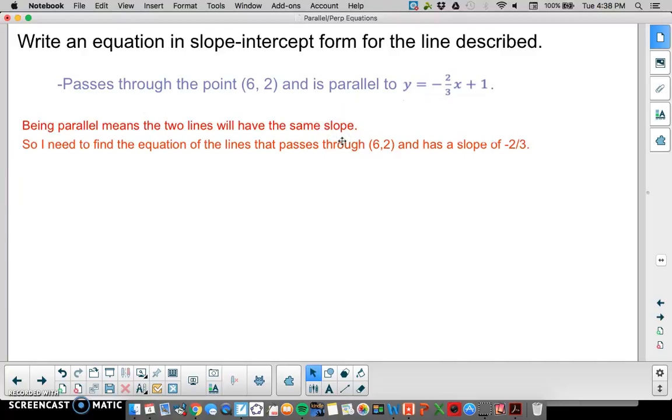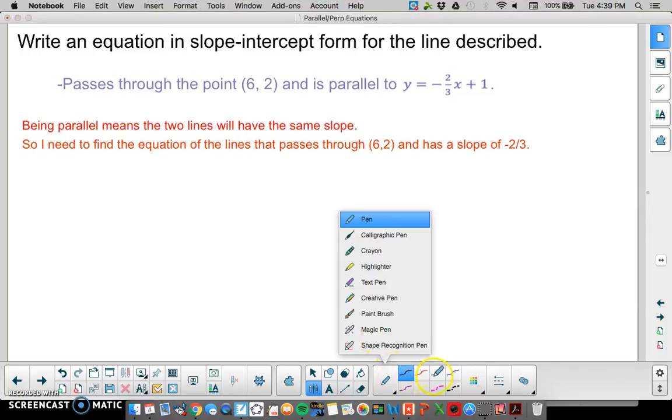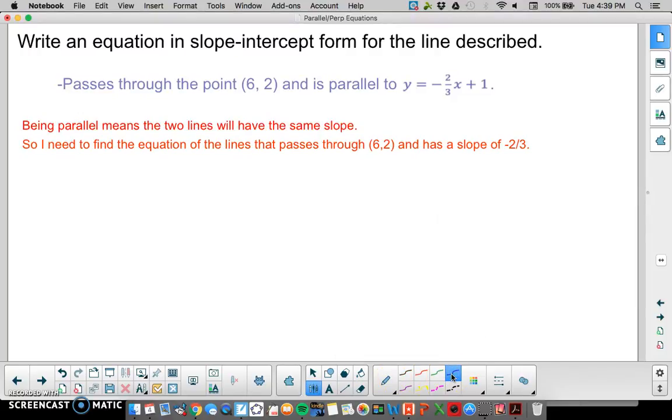And it needs to pass through the point 6, 2. So I'm going to write the equation of the line that has a slope of negative 2/3 and it passes through the point 6, 2. Well, that turns into a problem where I just have a point and a slope, so just find the equation.